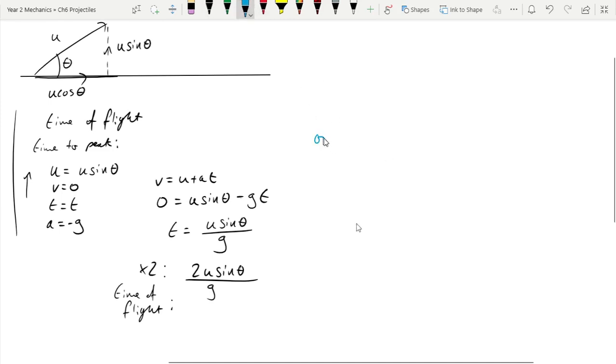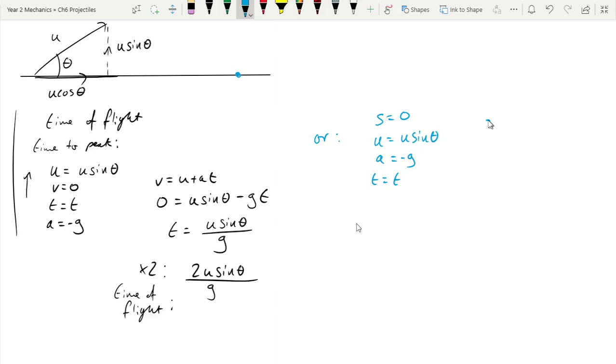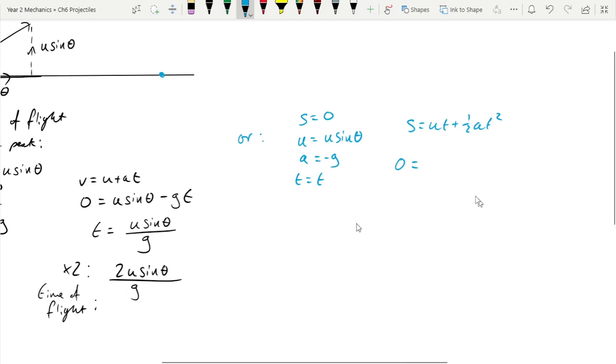Do it in a different colour. Or we could have said the displacement is 0, because when it reaches this point down here, the displacement is 0 again. u is u sine theta, a is minus g, and we want to find t. s equals ut plus half at squared. So 0 is going to be ut sine theta minus half gt squared.